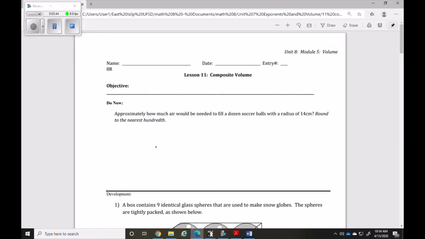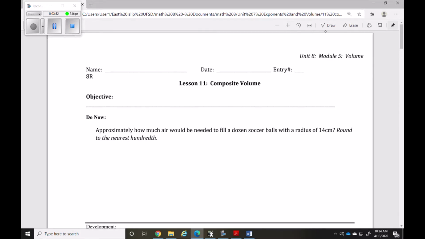So let's get going. The do now: approximately how much air would be needed to fill a dozen soccer balls? So you need to know, first of all, that a dozen is 12, so there will be 12 soccer balls. A soccer ball is definitely in the form of a sphere. So I know I want to use the formula that says 4/3 pi times the radius cubed.